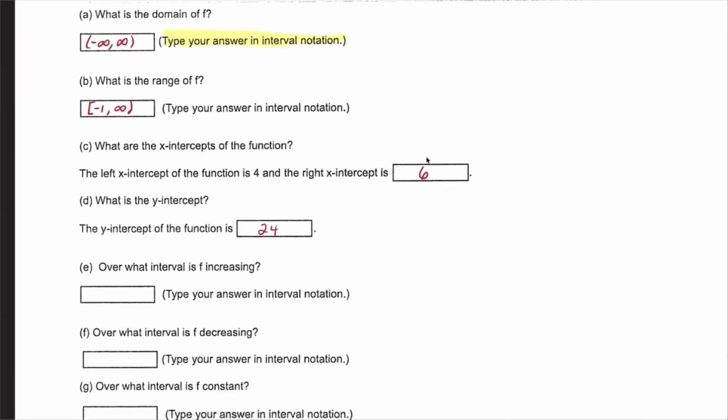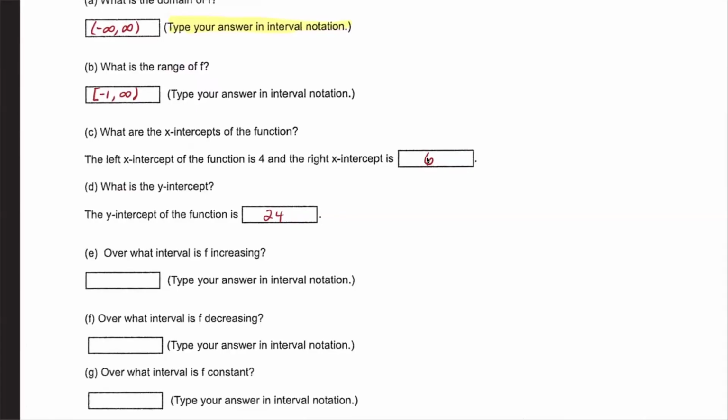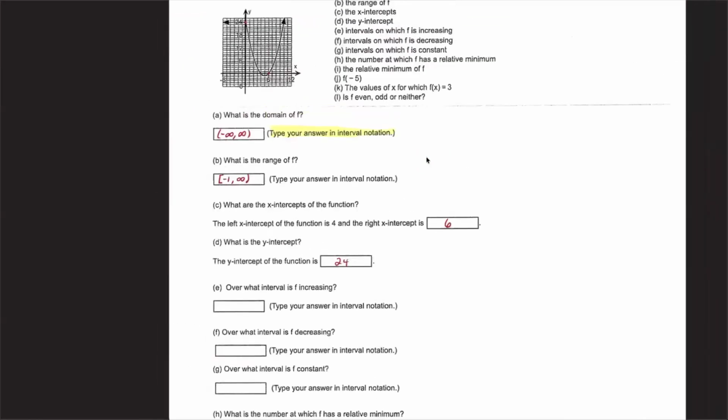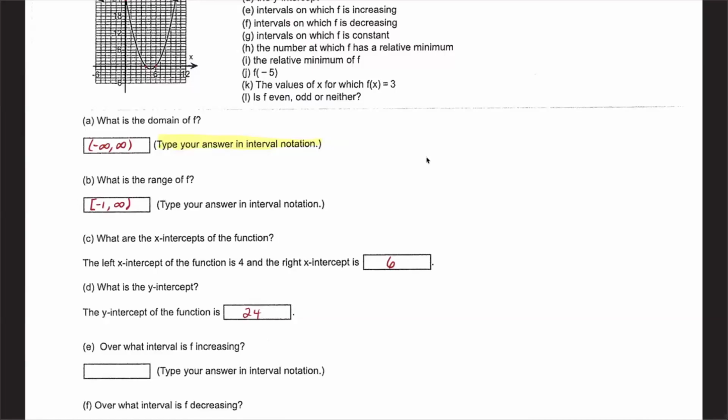Over what interval is f increasing? A lot of students get confused with this. What we want is the x values over which the graph is going upward from left to right.